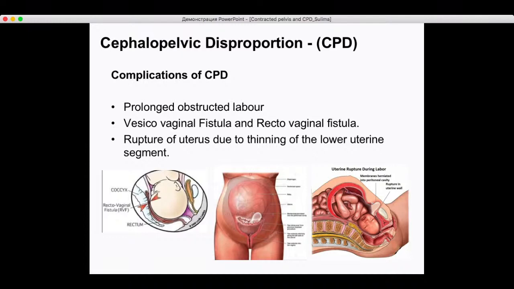In the postpartum period, we may have vesicovaginal fistula and rectovaginal fistula. Rupture of the uterus due to thinning of the lower uterine segment.